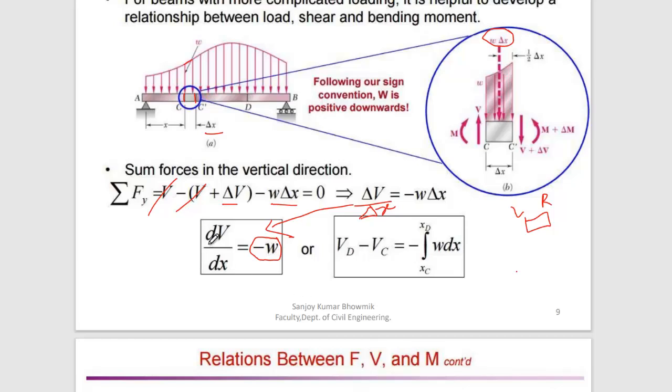If you do the differentiation of shear force, you will get this W. This is the mathematical scenario. Do you understand this or not? If you differentiate V, you will get W, which is opposite in direction.